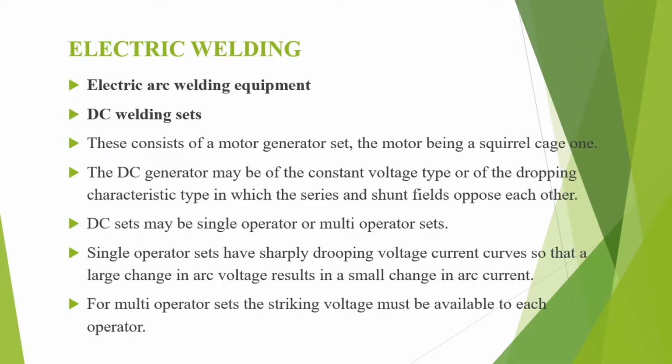A DC set can be a single operator or multi-operator set. Single operator sets have sharply drooping voltage current curves, so that a large change in arc voltage results in a small change in arc current. For multi-operator sets, the striking voltage must be available for each operator.